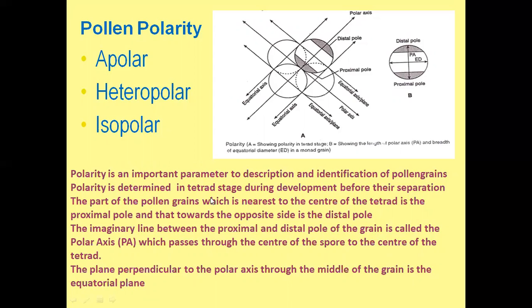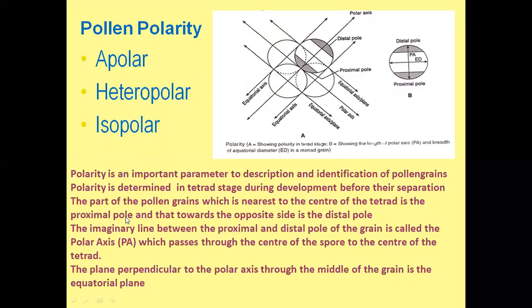The polarity is determined in the tetrad stage, not in the single pollen grain. Four pollen grains are attached together, and at this stage only, during development before their separation, we can identify the polarity. So in the tetrad condition only, we have to determine the polarity.